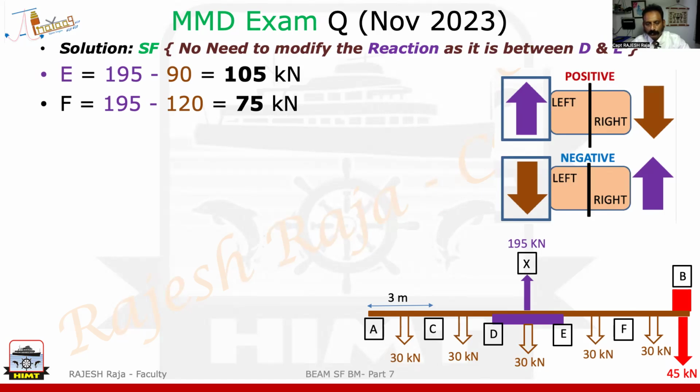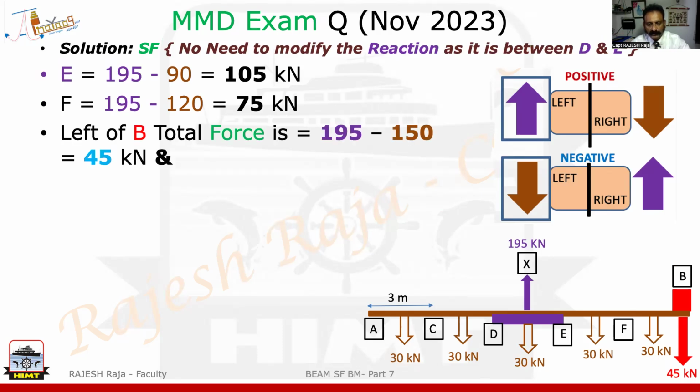And when I go to B, please remember B is a point load. Remember X was not a point load. That is why I did not have two values, but B is a point load. Whenever you have a point load, I will have two values. First, let me see what is exactly left of B. Left of B is plus 45.